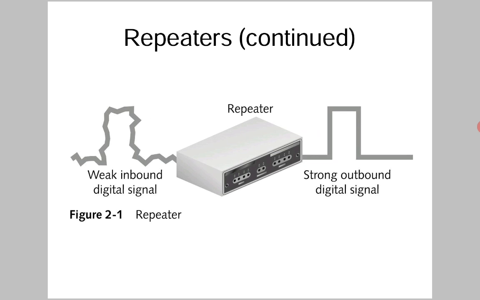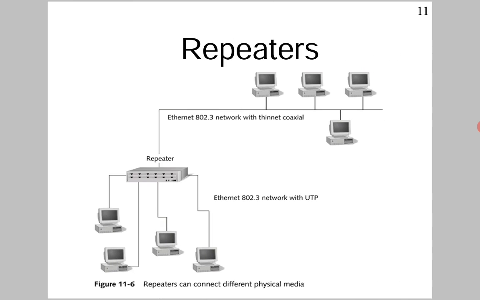This is an example of using repeaters. When a weak inbound digital signal passes through a repeater, a strong output digital signal is generated. This is another example: repeaters can connect different physical media, for example an Ethernet 802.3 network and an 802.3 UTP network.